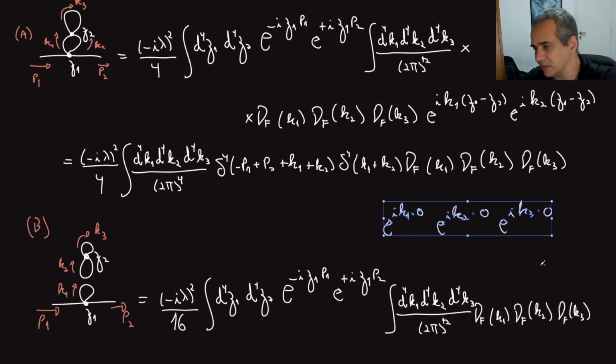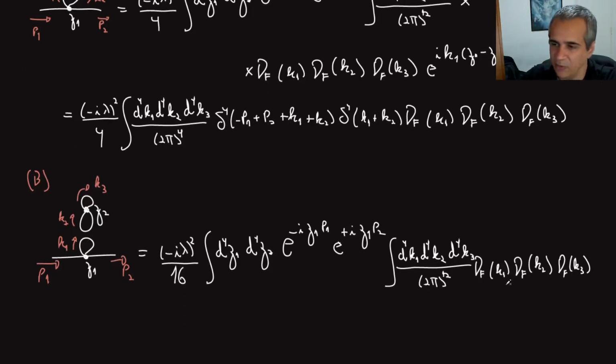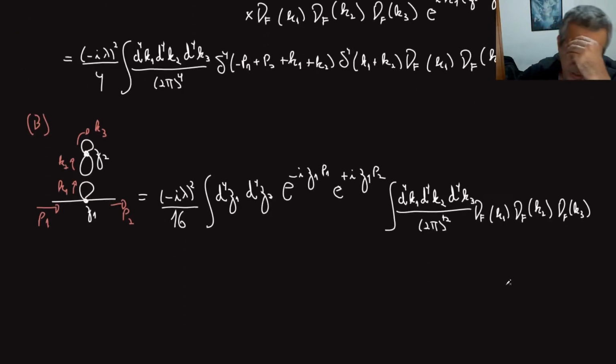Which means that now I have 2 integrals to do, right? Z1 and Z2, and basically only one momentum conservation. In Z1, there's no exponential of Z2. You see, Z2 is so isolated from the rest of the diagram that the momentum conservation on it became trivial.